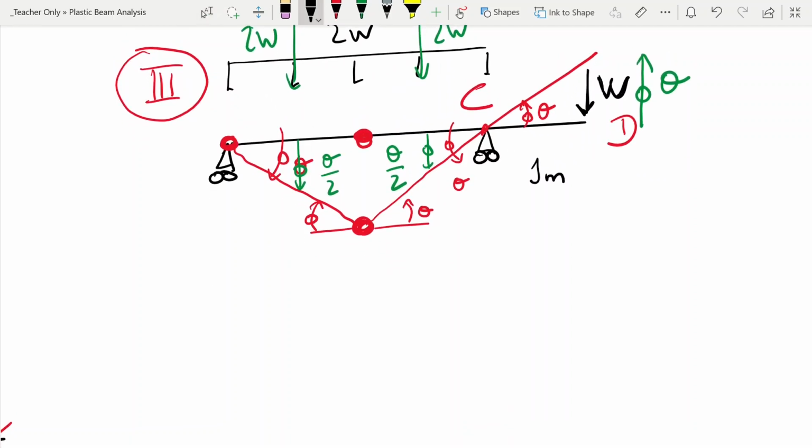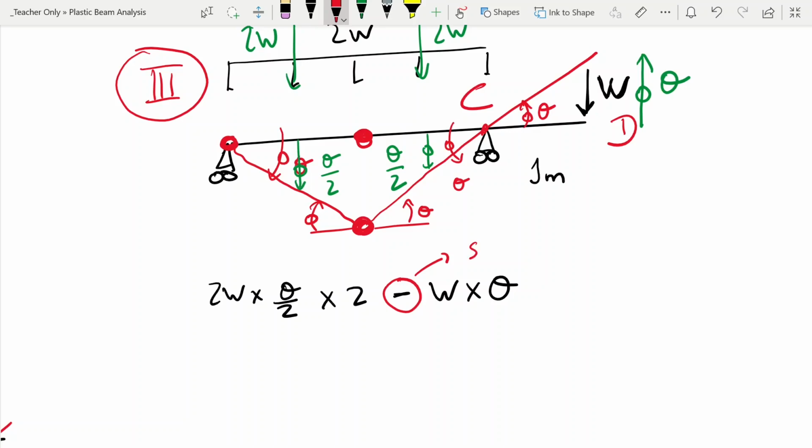So the first thing we need to do is 2W times theta over 2, and times 2, to account for the 2 of them. But now we need to do minus W times theta. And this minus sign, again, means the W and the theta have opposite directions, which means this is actually a stabilizing load.